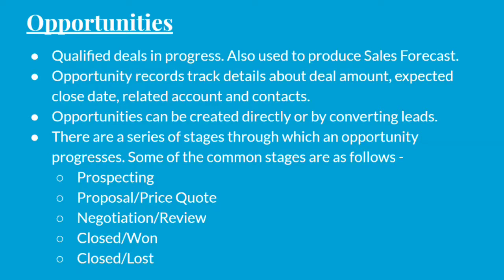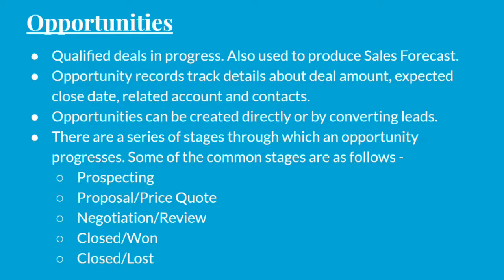And with each stage, you can basically connect a probability. Okay, for this particular stage, suppose I have 100 leads, or I have 100 opportunities, so 30% of opportunities will reach up to this stage. When they reach this stage, it means they will be getting closed. It's like a probability. It's not like it's final, but it's a probability to give you an idea.